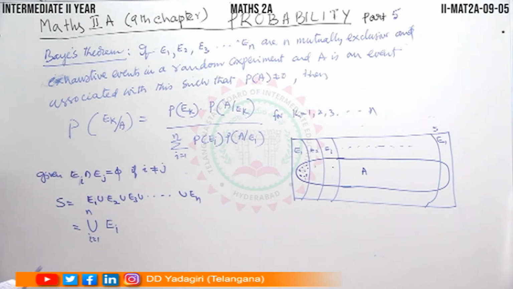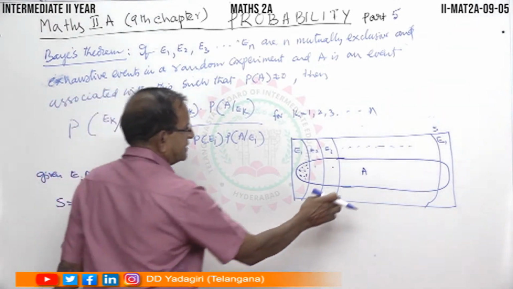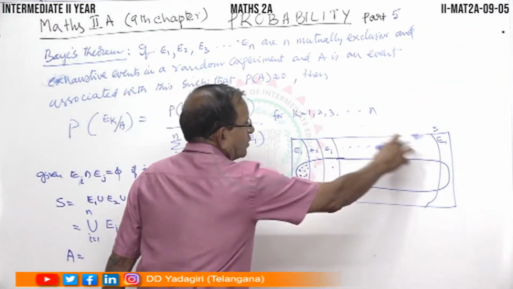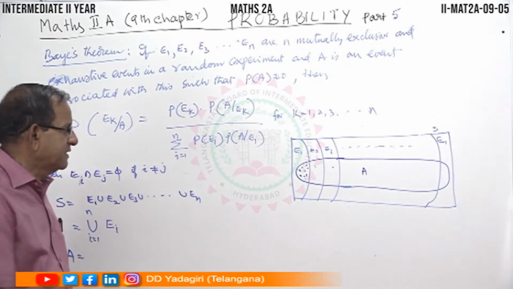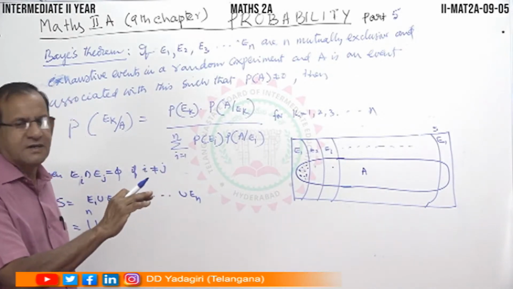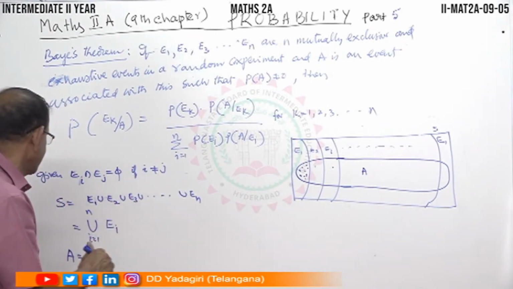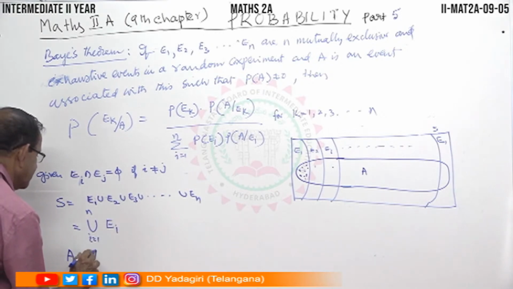Now what is A? A can be taken as the intersection of A and S, since S is the total space and A is the common part of A and S. So I will take it as A intersection S.